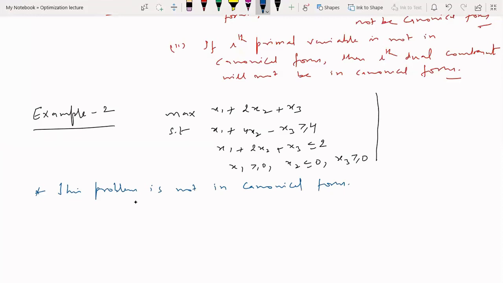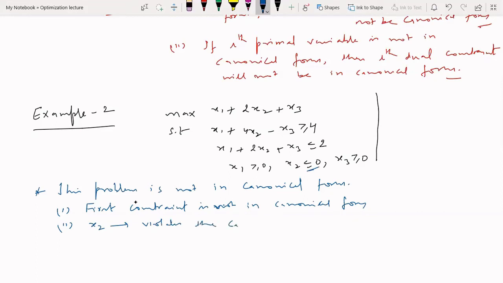Okay, so where is the canonical form violated? First, because it is a maximization problem, my first constraint is not in canonical form, and secondly, my second variable x2 violates the canonical form. So what are the possible effects of this violation?